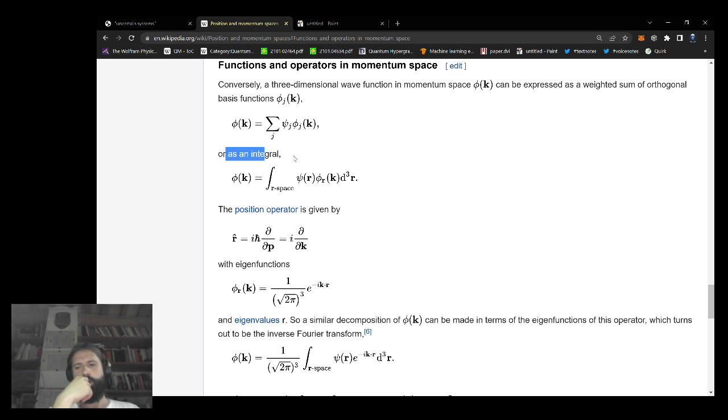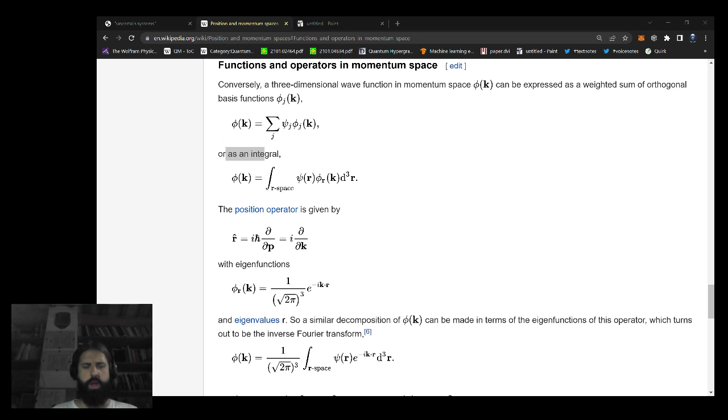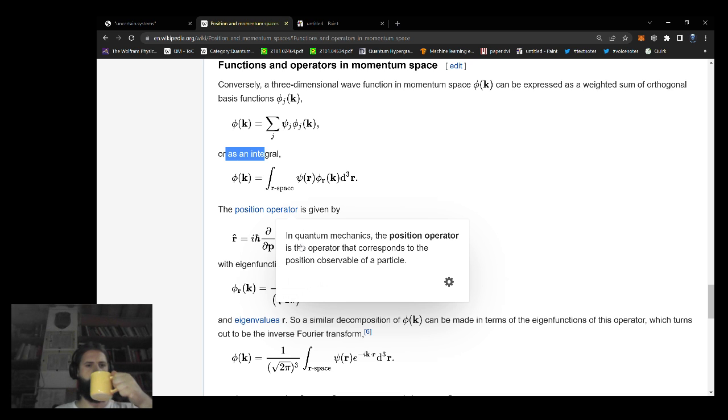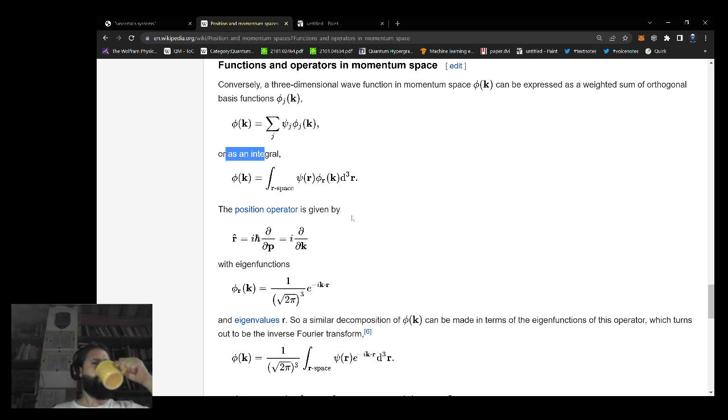Would you do an integral because it's a very big space? I'm not so sure I understand this step.